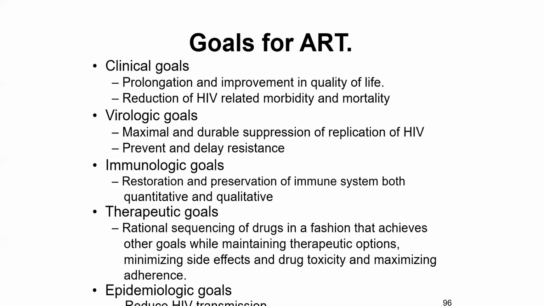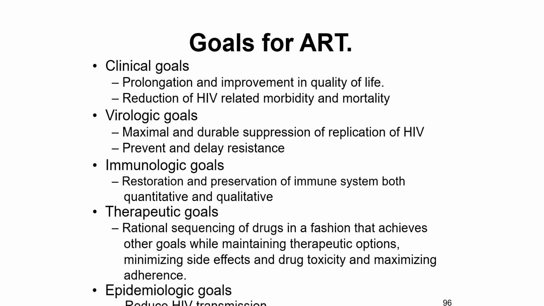In terms of virologic goals, it's all about making sure there's durable and maximum viral suppression, and preventing and delaying HIV resistance. Then immunologic goals is to restore the immune system. Remember, as we said, the HIV virus attacks the immune system. So as part of our immunologic goals, it's also critical to restore the immune system.